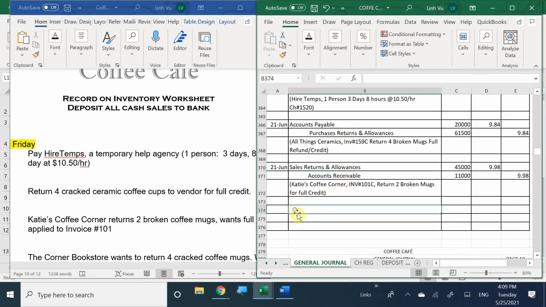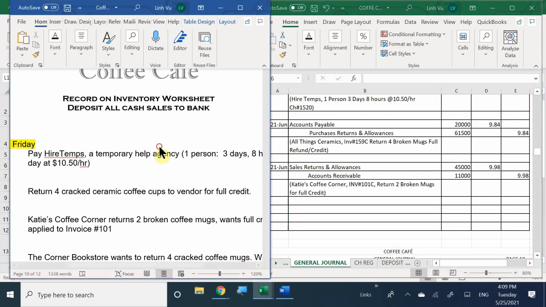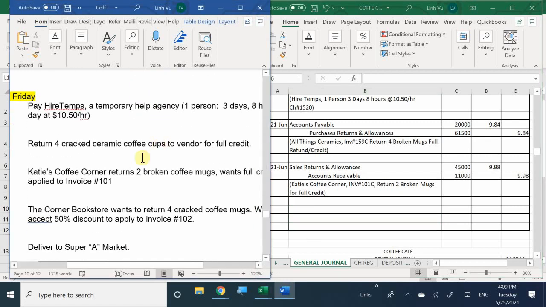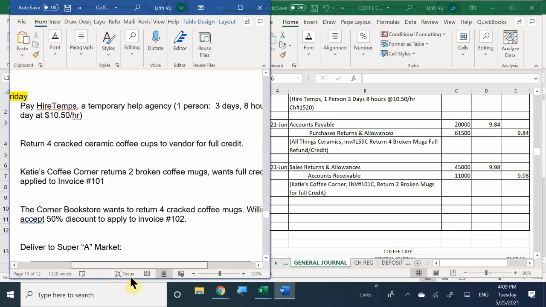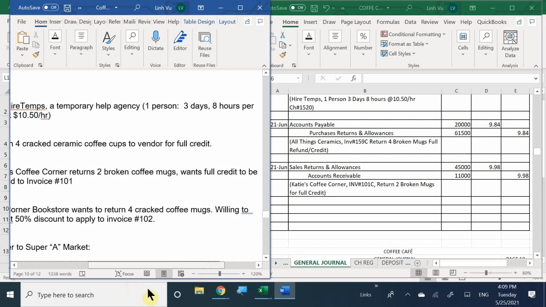So, let's see. I guess we can squeeze the next one in here. What else happened next? Same scenario, but this time with the corner bookstore. Yes. Except, what is the corner bookstore going to do this time? Here, the corner bookstore wants to return 4 cracked mugs.